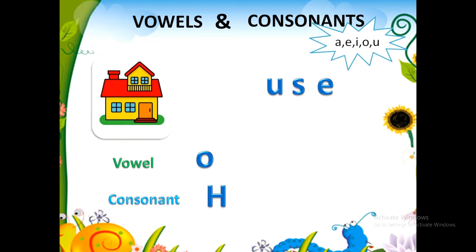Next letter is U. Very good, children. U is also a vowel. Fourth letter is S. Think and answer me. Yes, S is a consonant. Last letter is E. Very good, children. E is a vowel.